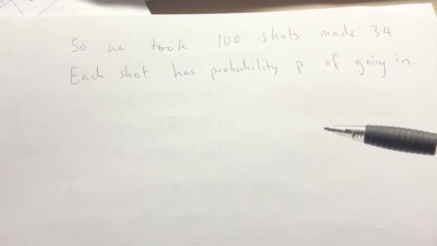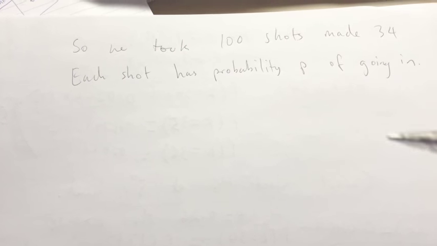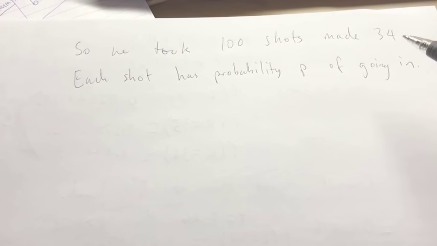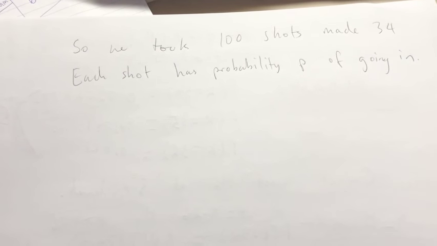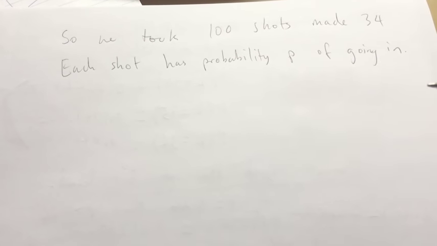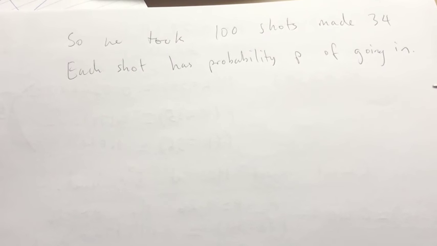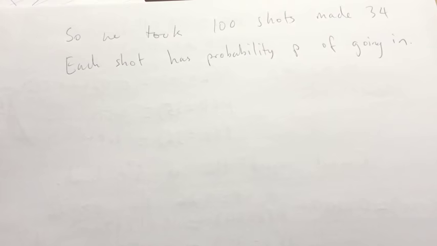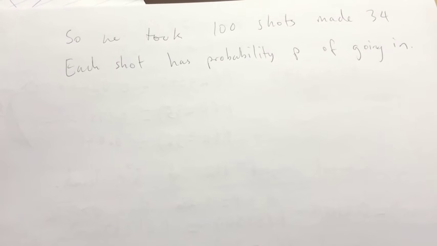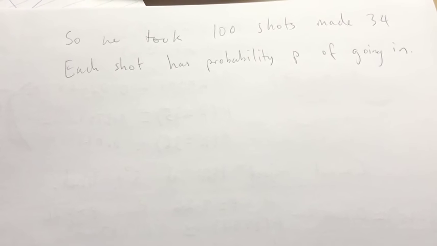And the whole point will be that it's not as simple as saying that it's 34%, because 34 divided by 100 is 34%. Because we have to take into account the random error, we can only say what range of values P can be with some probability. So this is like a very statistical theme.